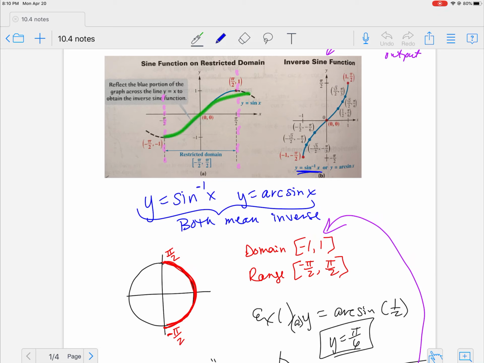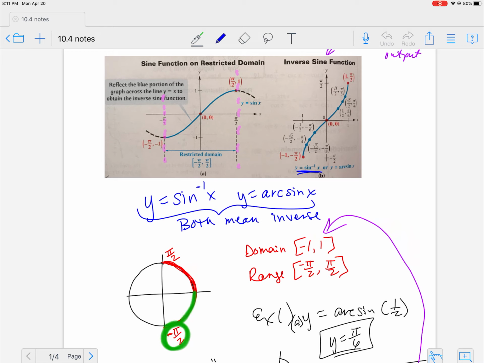So here, if we're swapping out these inputs and outputs, this is what my actual graph of the inverse sine looks like, which means if my output is from negative pi over 2 to pi over 2, I am only on this right side of the unit circle. Notice this goes to a negative pi over 2.